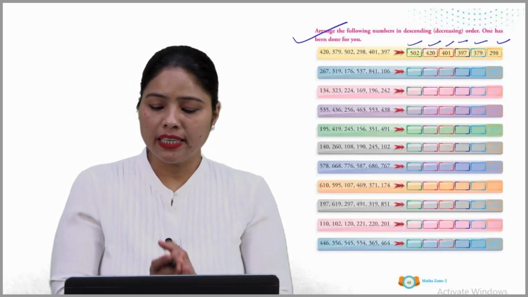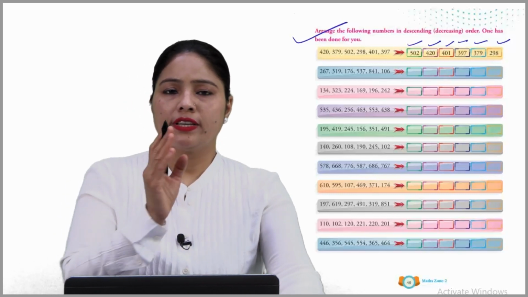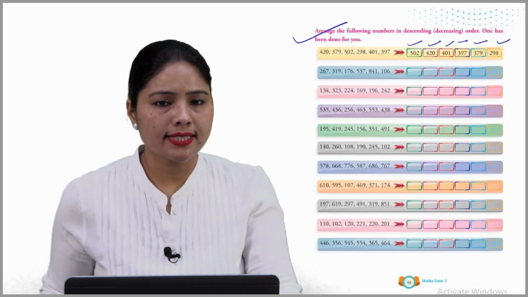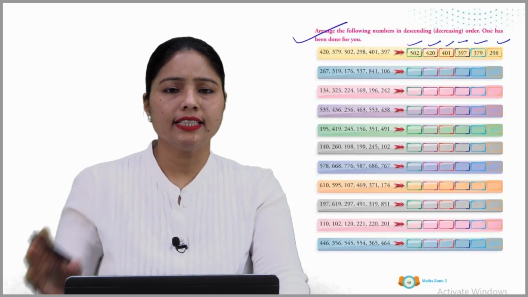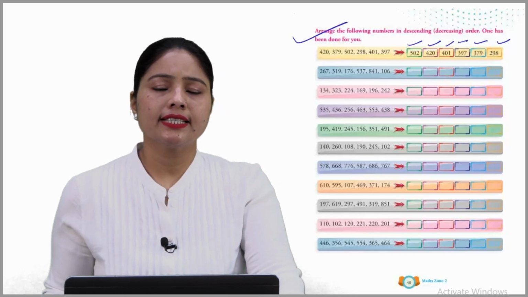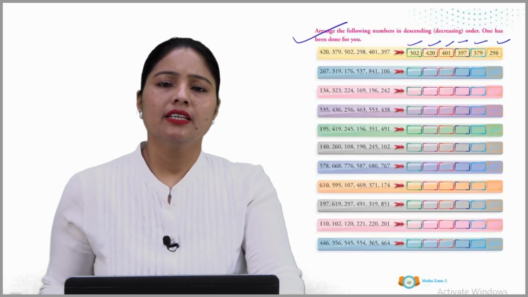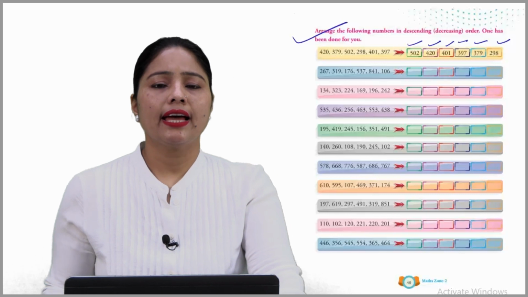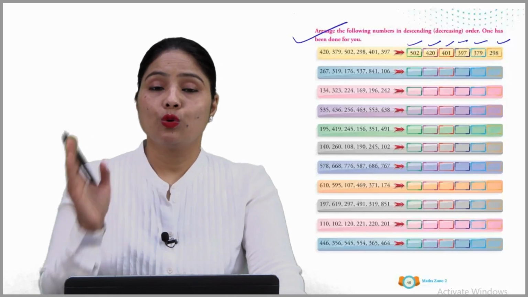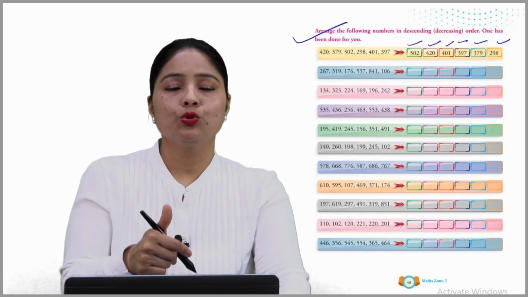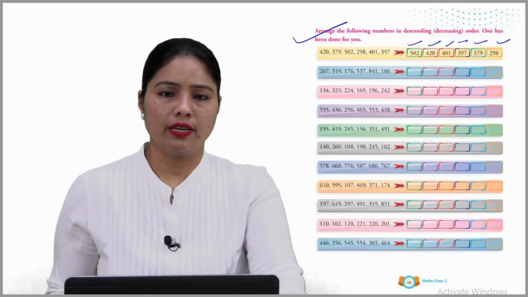Okay, similarly we will do the next one. First number is given 267, then 319, 176, 537, 841 and 106. So for descending order you have to take the bigger number first.